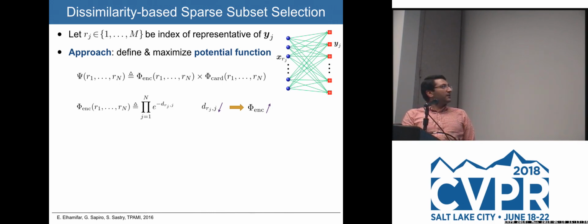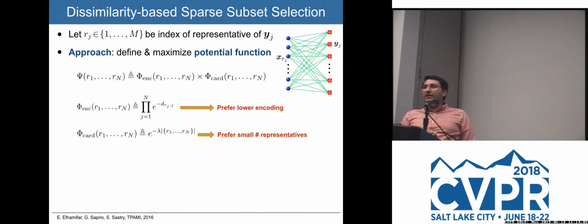If the dissimilarity goes down, which means rj is a better representative for j, then this potential function should go up, which is the case in this definition. But if I simply maximize this potential function, there is a drawback: I'm going to assign every point in y to the closest representative in x, and end up with many representatives, or a big summary. So we want to minimize the size of the representative set from x.